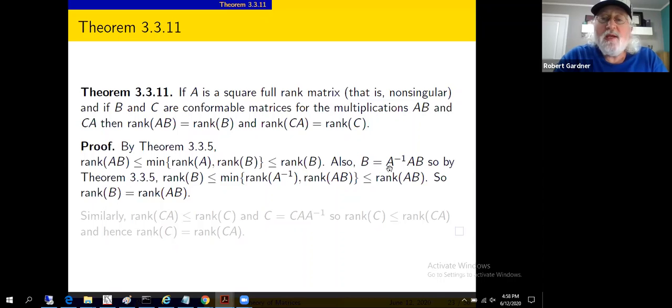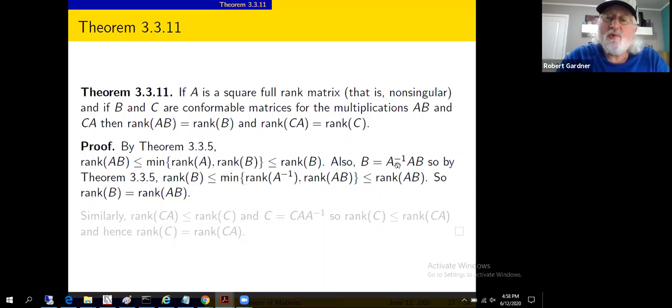We can write B as A inverse AB, right? A is a full rank matrix, so it has an inverse, so that makes sense. And we can then apply this same result and say the rank of B, which can be written as the rank of the product of these matrices, is less than or equal to the minimum of the rank of, pick some of them.